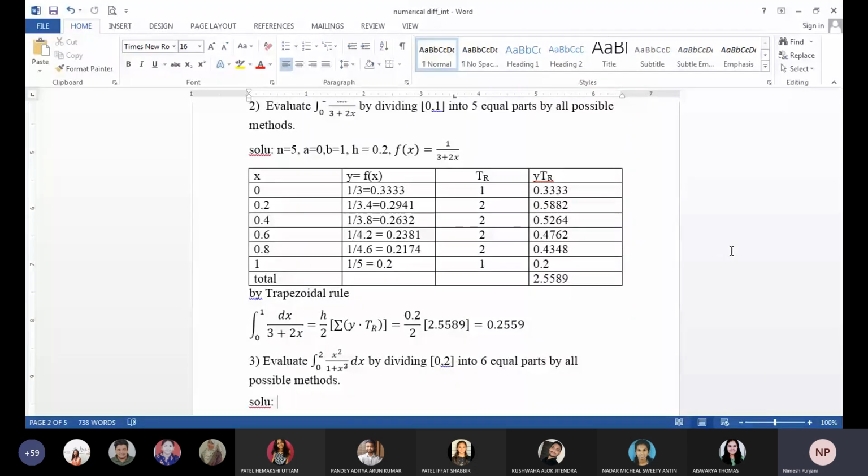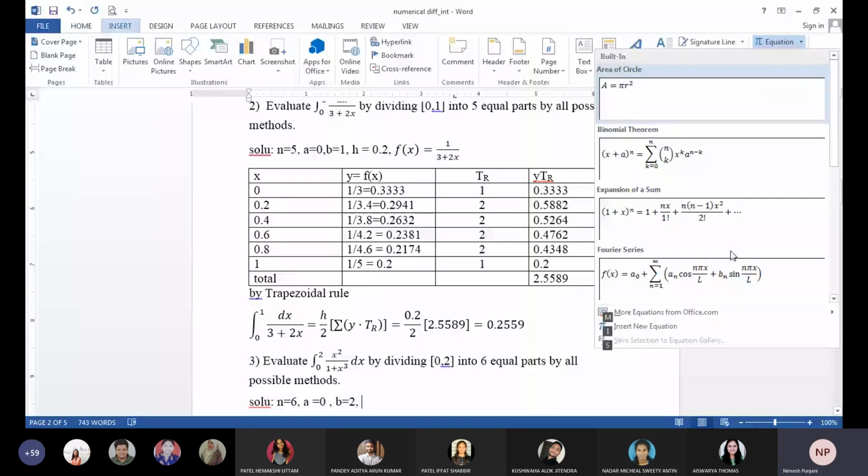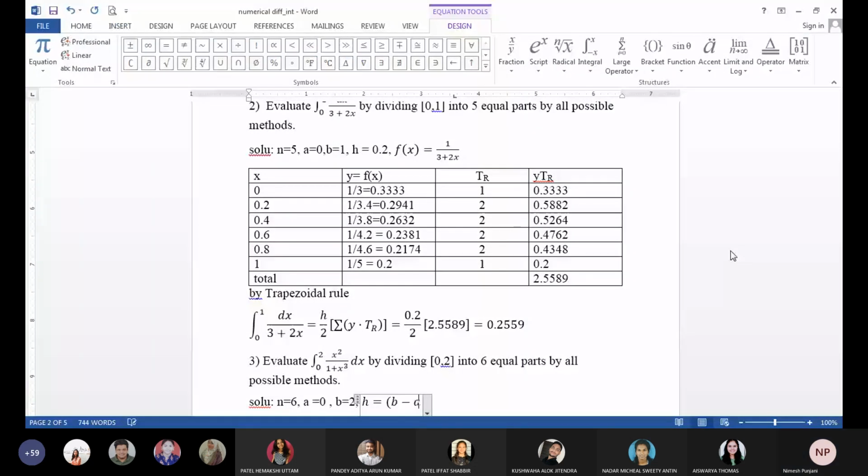Okay, so in this case, tell me what is my n? 6. N is 6. Good. What is my a? A is 0, I have written. b is 2. And what will be my h? b minus a divided by n.